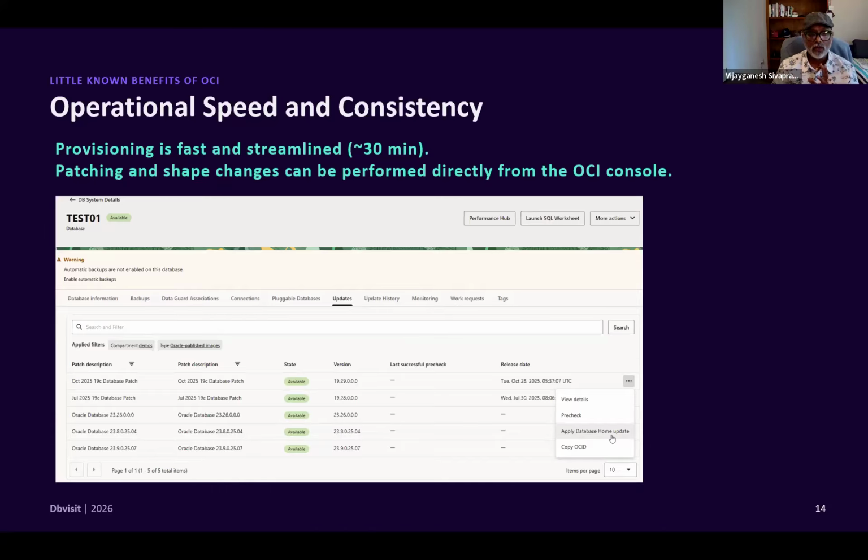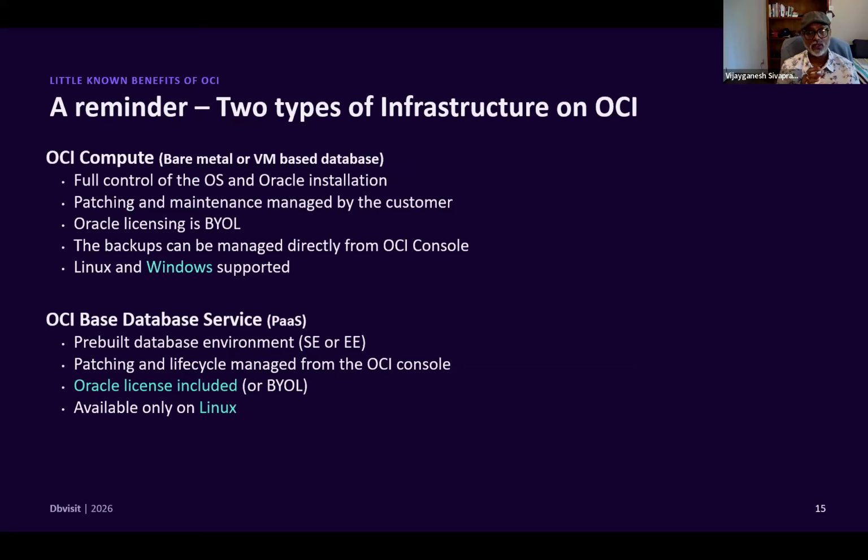But we need to know what the other types of infrastructure available in OCI are. Here we are not concentrating on Exadata systems or autonomous database systems, but on OCI compute systems, which are bare metal or VM-based systems, exactly like your on-premise environment, where you have full control of your operating system, you do the Oracle installation, you do the patching manually, and Oracle licensing is bring your own license.